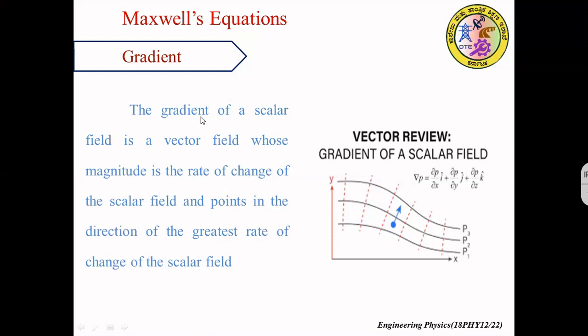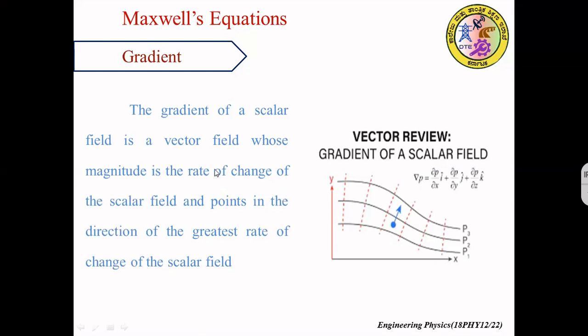Now let us look at the definition of gradient operator. The gradient operator acts on a scalar quantity and gives us a vector quantity. Here in our example, temperature is a scalar quantity, but the rate of change of temperature is in a particular direction, so it is a vector. The rate of change of temperature in a particular direction is obtained. This is a vector quantity.